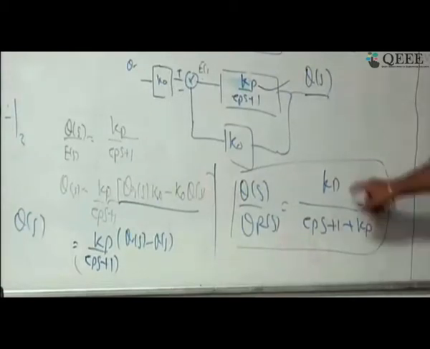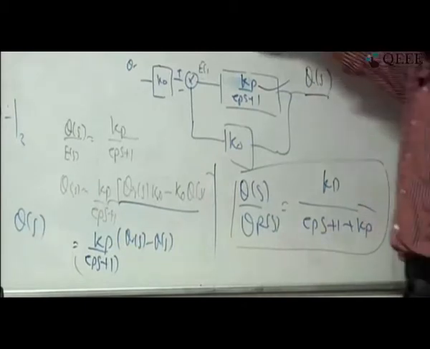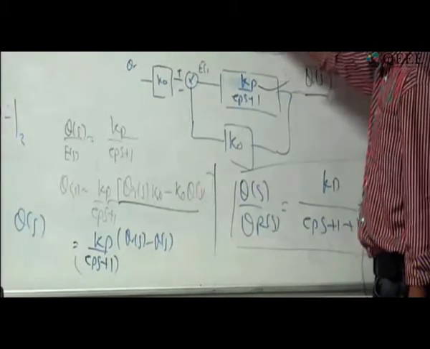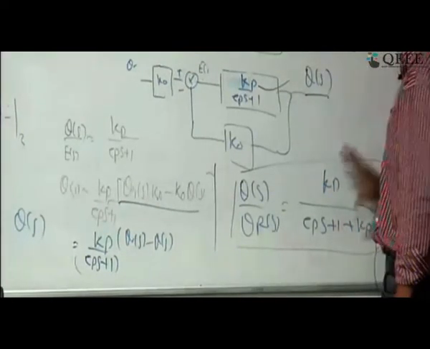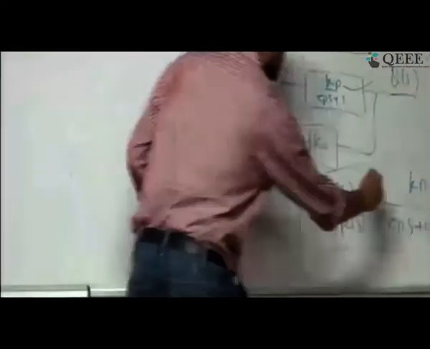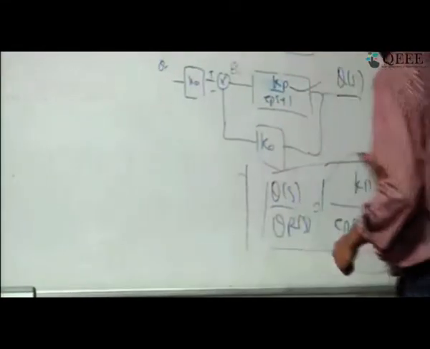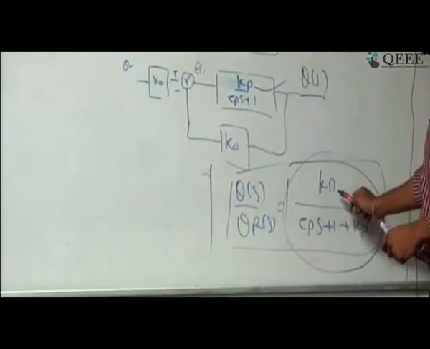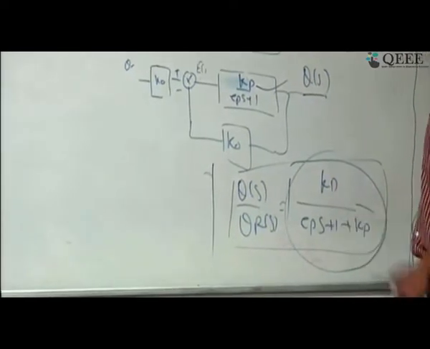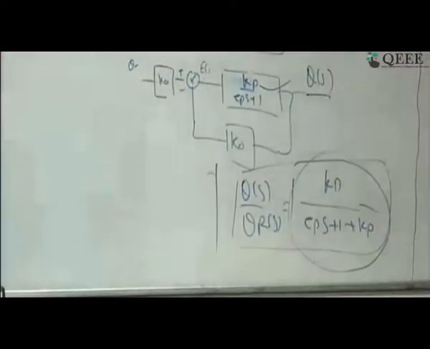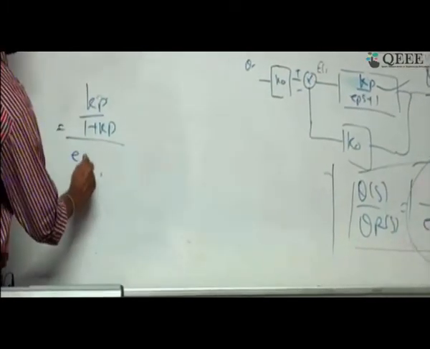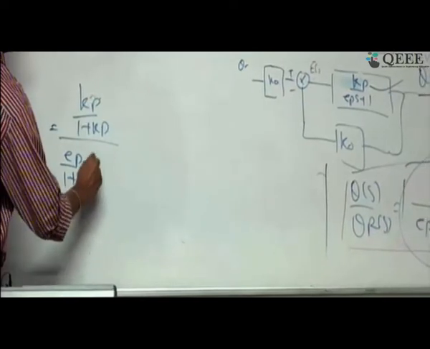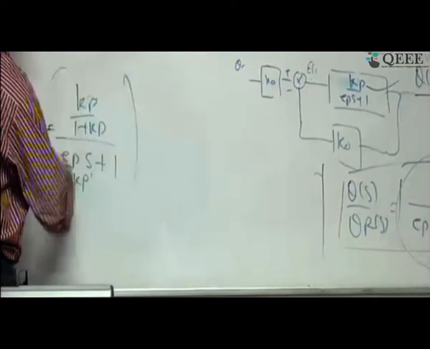Now I want to understand, because I have put a proportional controller, and there is a constant K, if I change it, how is it going to behave? By adding a proportional constant, the order of the system has not changed. This is a first order system, so I can write it this way: Kp divided by 1 plus Kp, and this is tau p divided by 1 plus Kp, s plus 1.